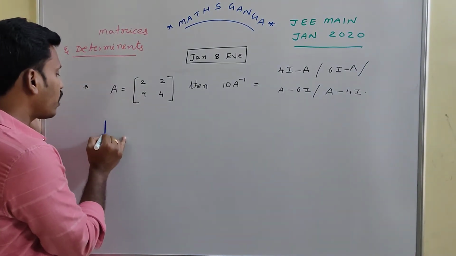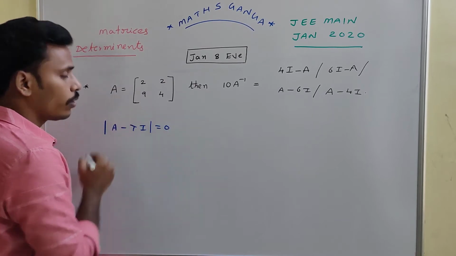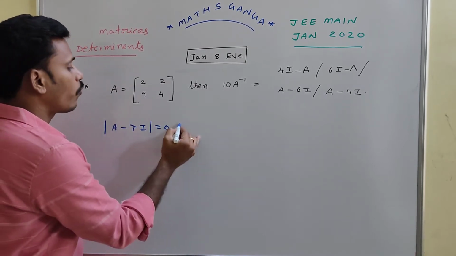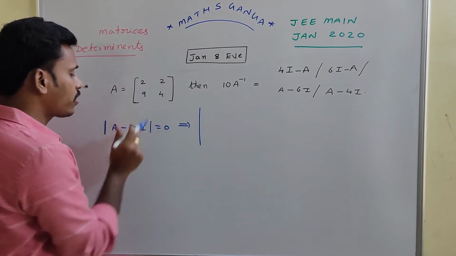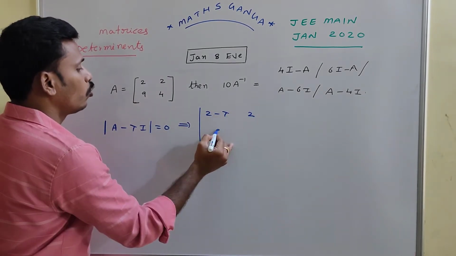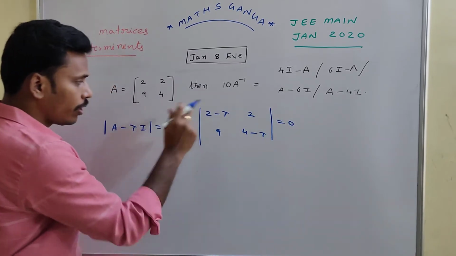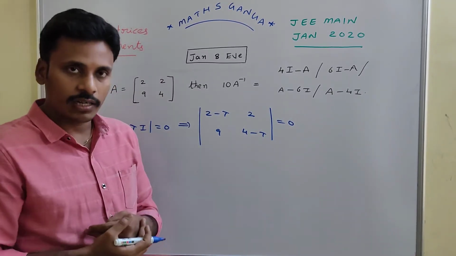We are all aware of the characteristic equation. The characteristic equation for this matrix is given by the determinant of A minus lambda I equals 0. For this matrix, A minus lambda I is 2 minus lambda, 2, 9, and 4 minus lambda, equals 0. This determinant gives us the characteristic equation.